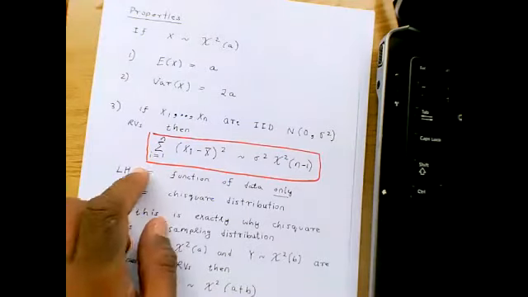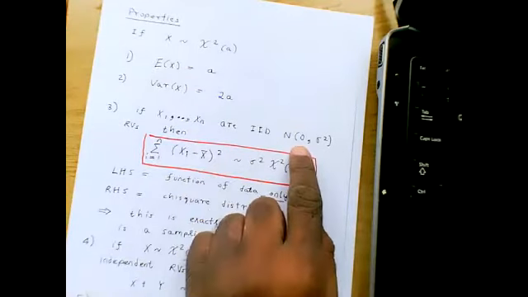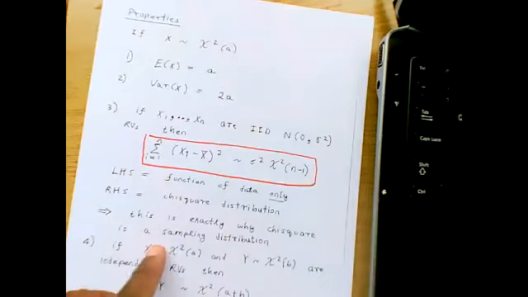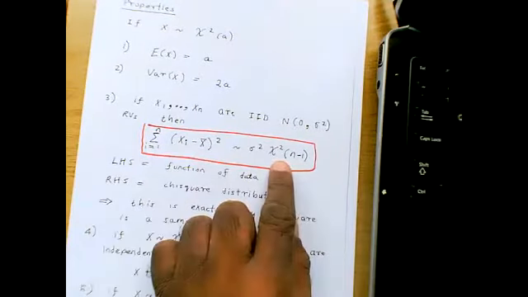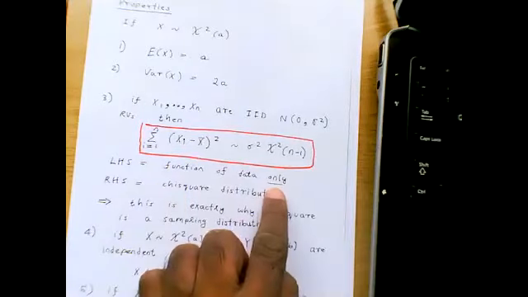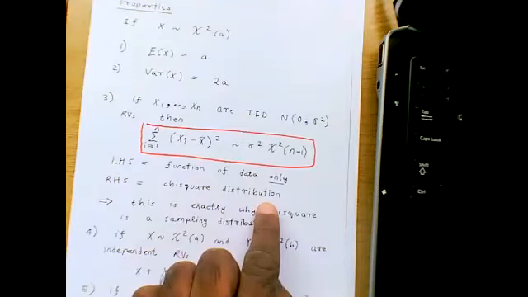In property 3, if these are IID with normal, zero mean and variance sigma squared, then this statement is true. If you look at the left-hand side, what you have is a function of data only, and the right-hand side is a chi-square distribution.